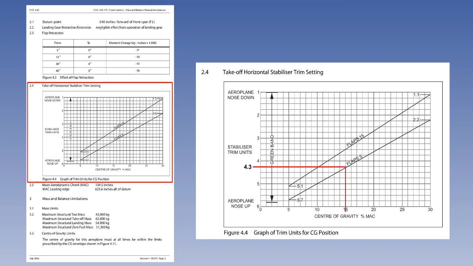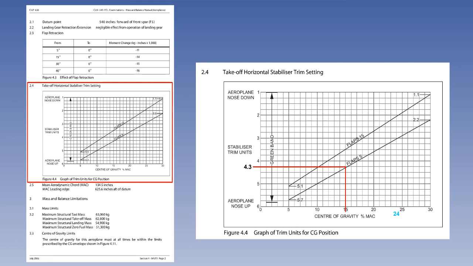In the second example, we are required to find the revised stabilizer trim position, as a result of a change of centre of gravity from 15% MAC to 24% MAC at the flap 5-degree position. The original plot is shown on screen, which gives a trim of 4.3 units.